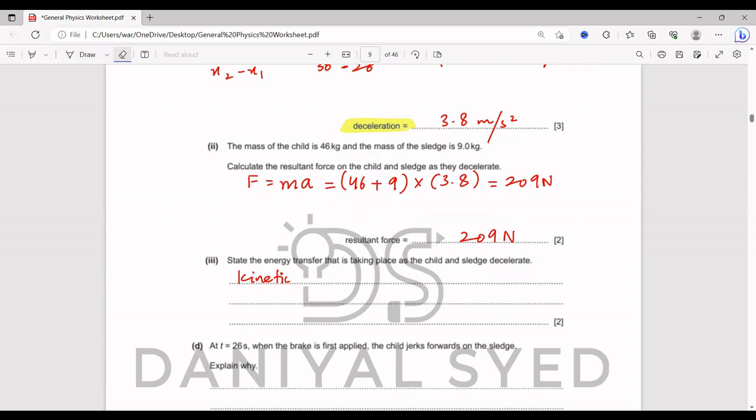they both are decelerating, and their height constantly decreases.